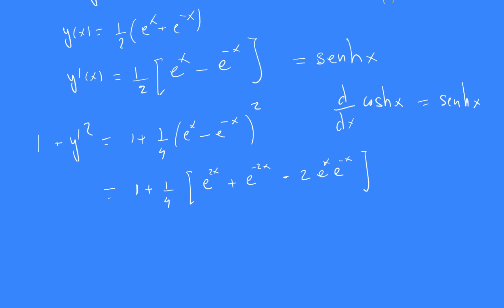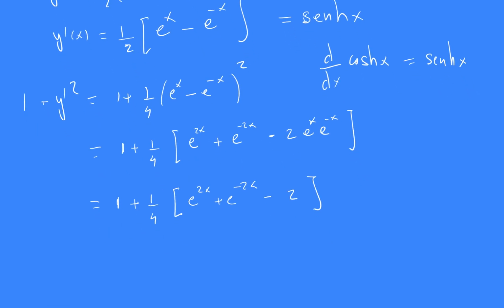So it would be equal to 1 plus 1/4 of e to the 2x plus e to the minus 2x minus 2.